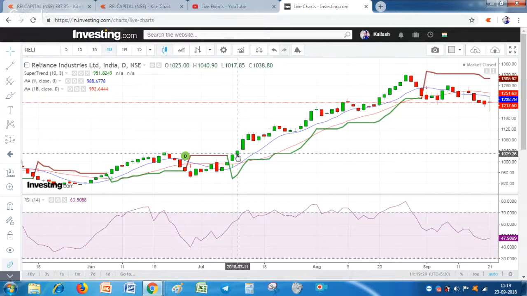RSI is in the overbought zone, right? But see the stock rising up. It continuously rose to this level.